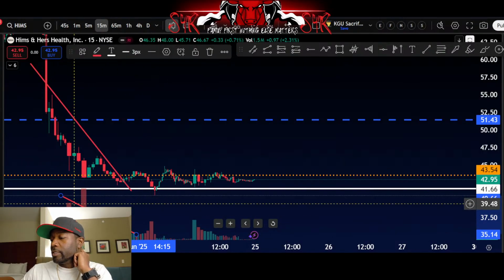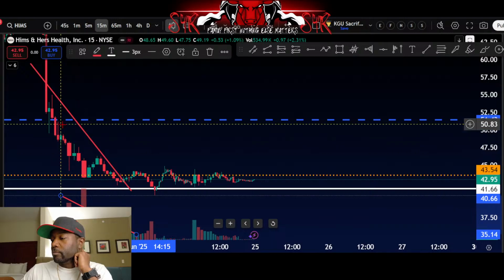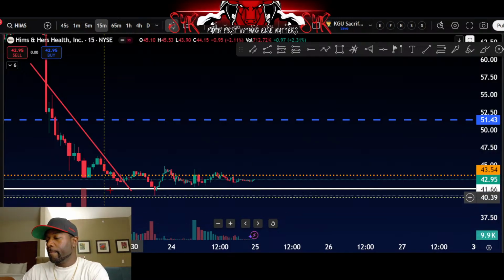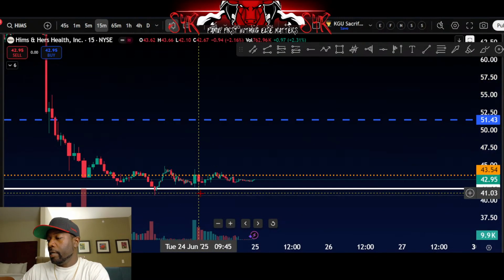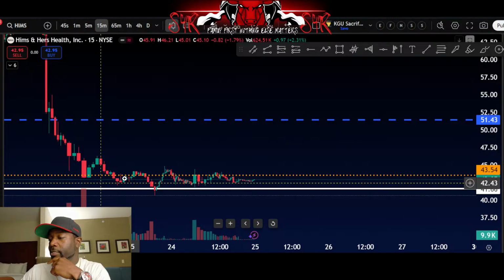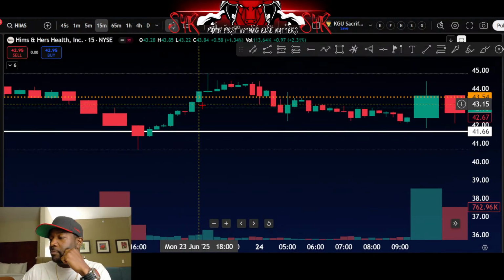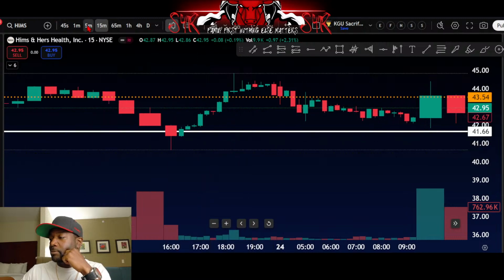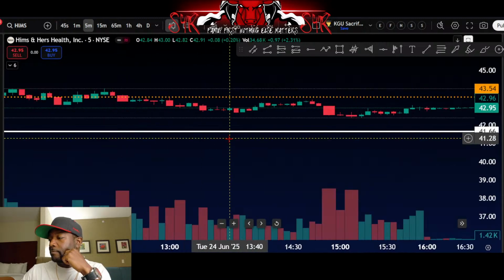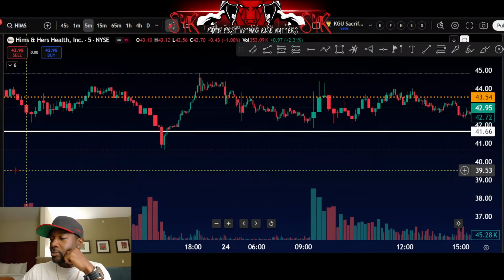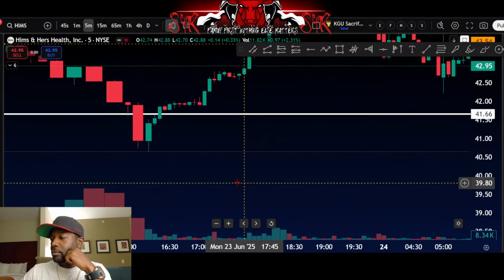So this tells you that sellers are likely losing steam and we're looking for a potential reversal. Okay. And we have our first reversal indication right here. A hammer at the bottom followed by some green candles. That's pretty nice to see. But it's not good enough. I need to zoom in to get a better look.